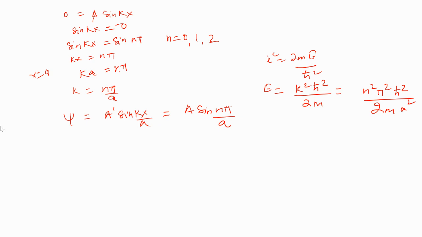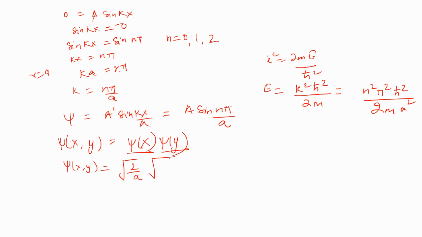And for 2D, the wave function of 2D is equal to the product of the individual wave functions. So psi xy in 2D is equal to root 2 by a, root 2 by a, sine nx pi x by a, and sine ny pi y by a.